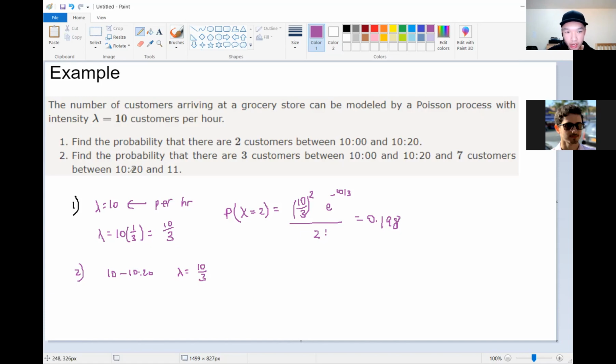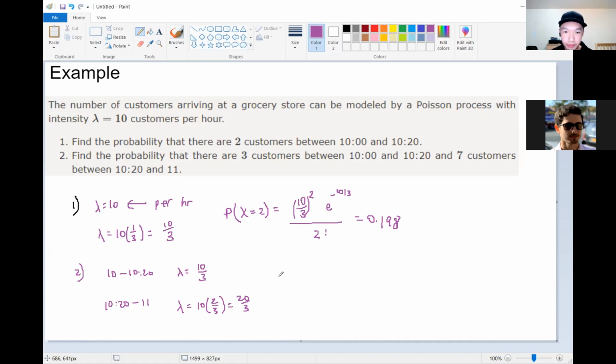Now let's analyze 10:20 to 11. That's 40 minutes, right? So lambda here would be 10 times 2/3 of an hour, which is 20/3. So those are our respective parameters for each interval.